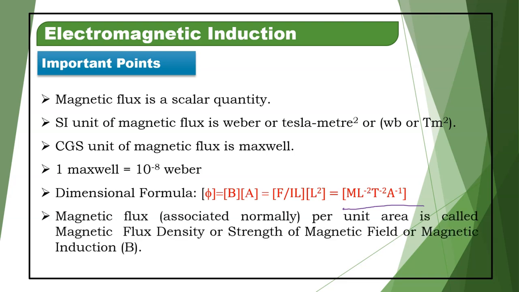Now magnetic flux associated normally per unit area is called magnetic flux density. Again, this is a very important point, as for the 2023 board examination: magnetic flux per unit area is called magnetic flux density or strength of a magnetic field or magnetic induction.